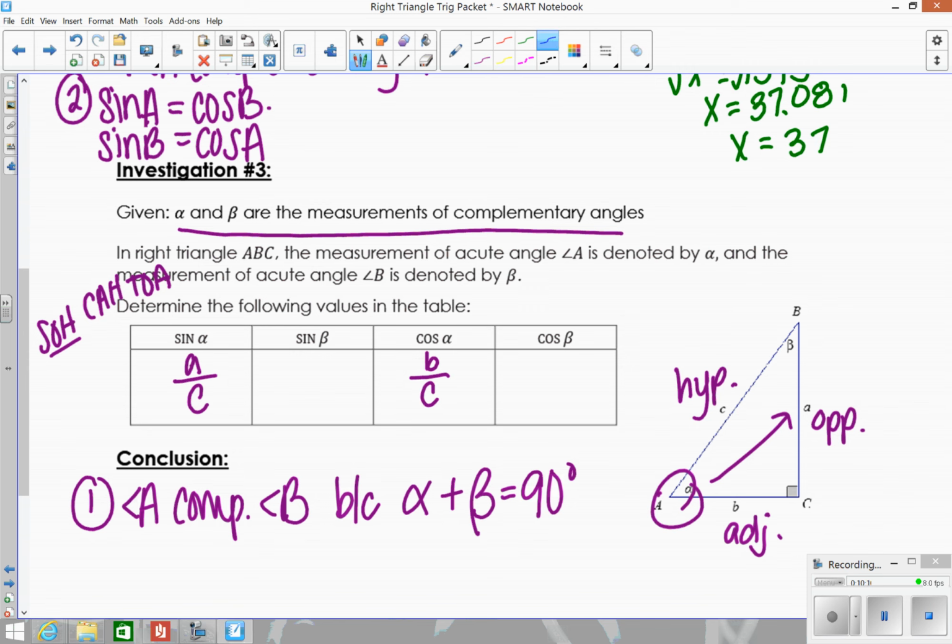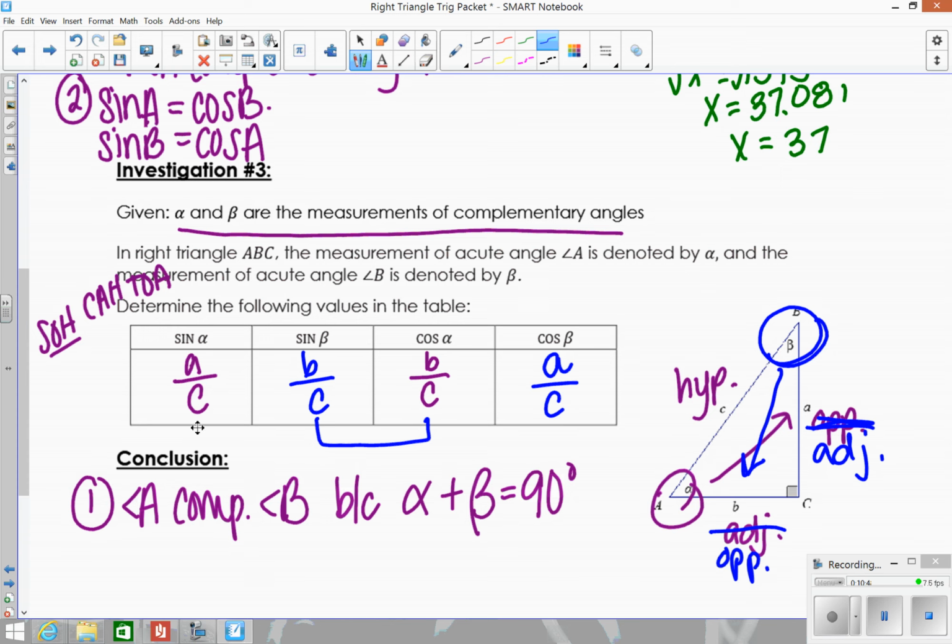Then we'll switch it and do the sine and cosine of angle B, which is beta representing that angle. So now adjacent becomes the opposite, and the opposite becomes the adjacent. If we're doing sine, it's going to be opposite over hypotenuse, so it's going to be B over C. And cosine is going to be adjacent, which is A over the hypotenuse, which is C. So again, you see that same pattern that the sine and cosine of the complementary angles are equal.